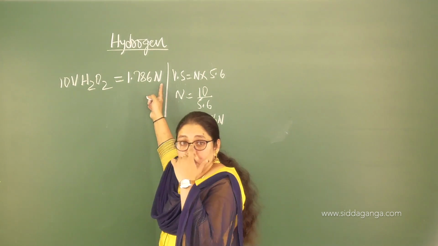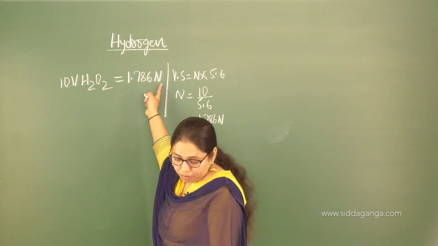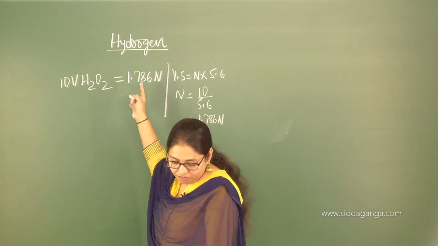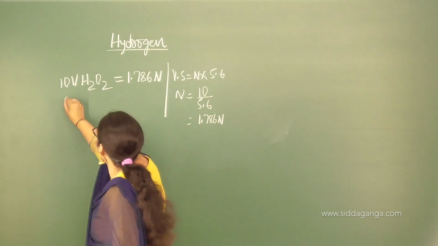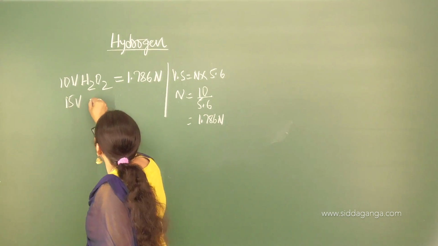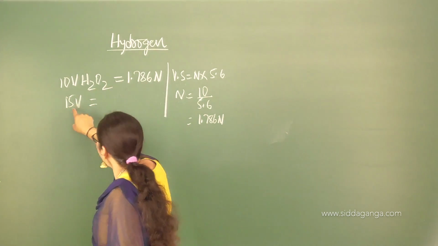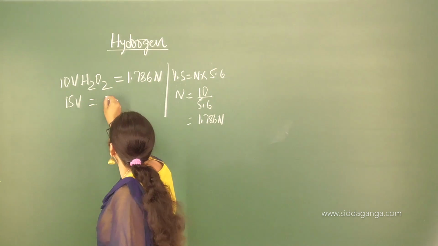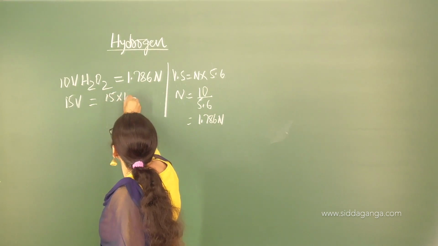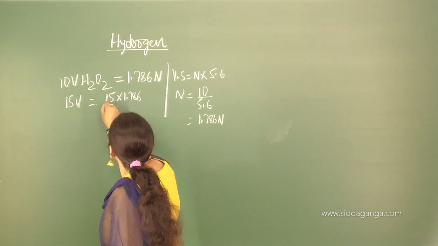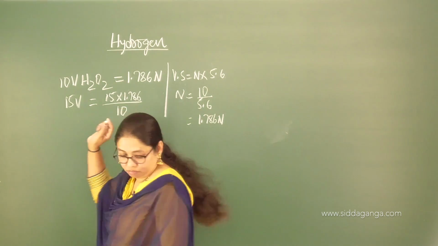So in the question what they have given is 15 volume. If it is 1.786 normal for 10 volume, how much for 15 volume? 15 into 1.786 divided by 10.